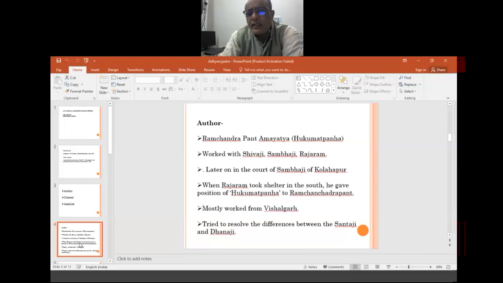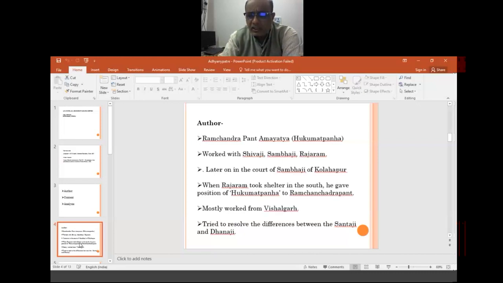And among the Maratha nobility, there was some internal conflict, ego clashes, and the very famous ego clash is the clash between Dhanaji Jadhav and Santaji Ghorpade, two very important and capable cavalry commanders of the Maratha army.